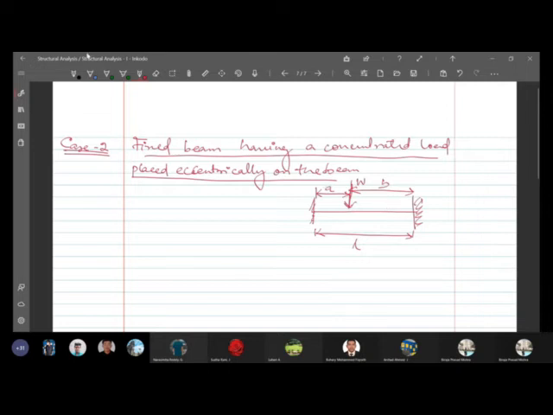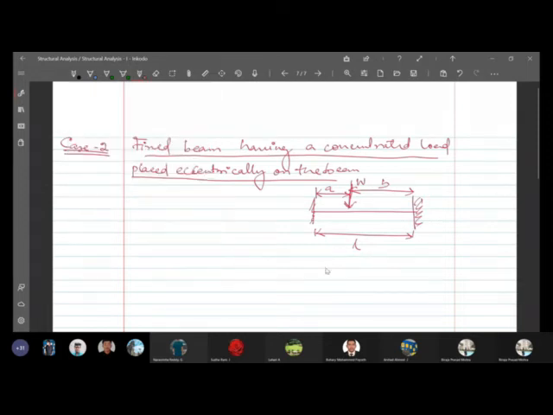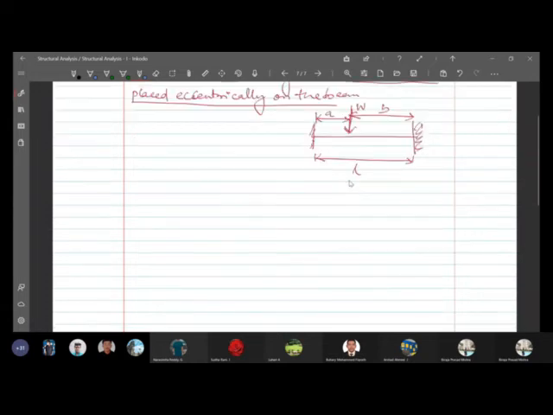Now, for this case, can I make it into case 1 and case 2? Again, here I will consider a simply supported beam.